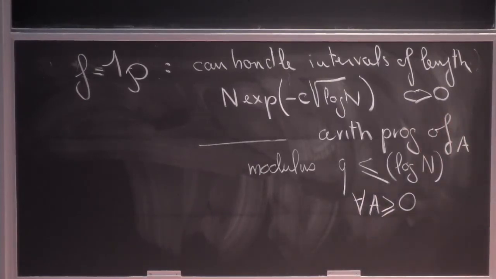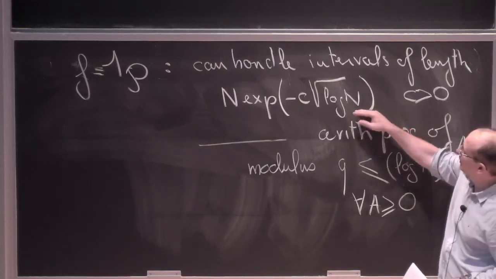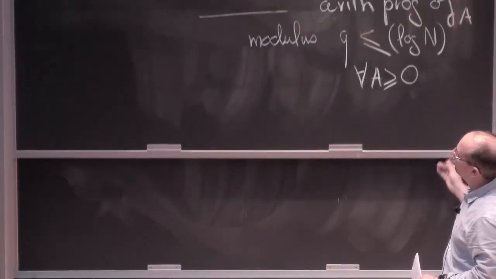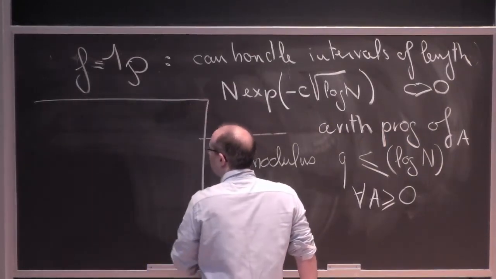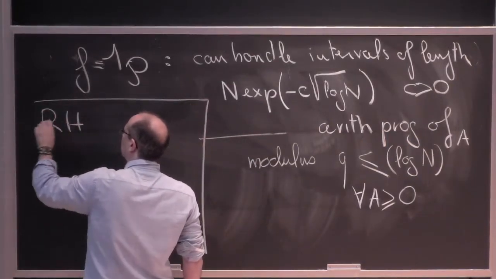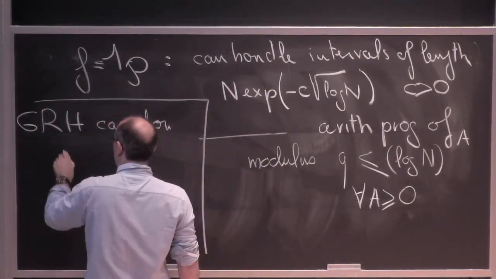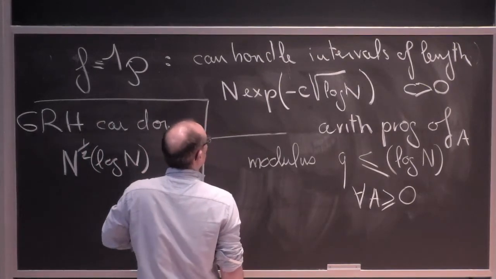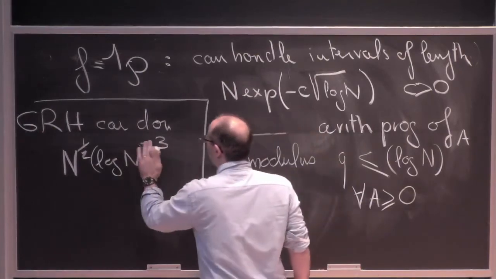And so you see the arithmetic progressions of this is very short compared to n, and this is quite long compared to n. And what would the Riemann or the generalized Riemann hypothesis say? It can do intervals of length n to the 1/2, maybe log n to the minus 3, cube, sorry.